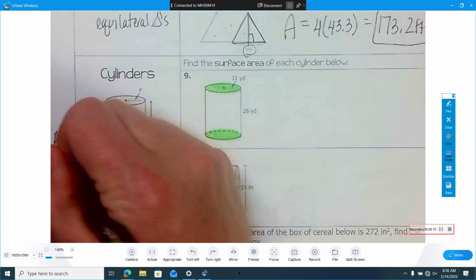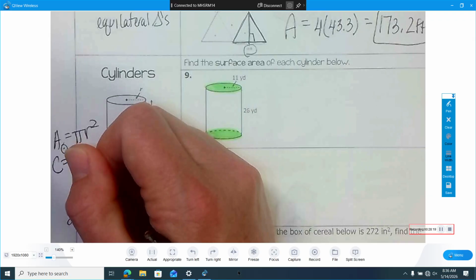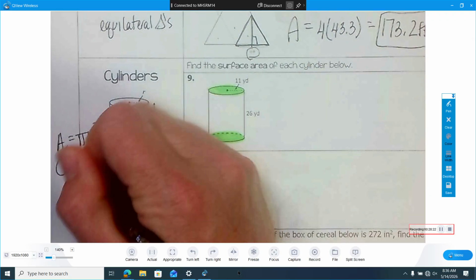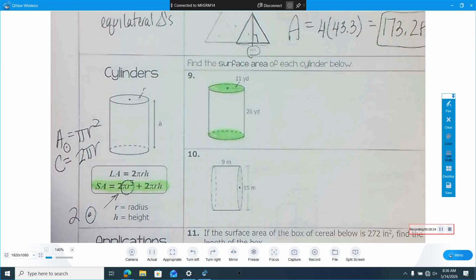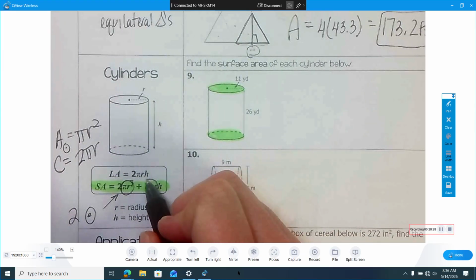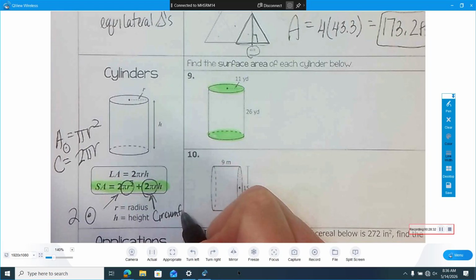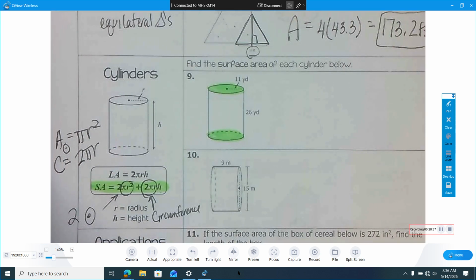So this long edge of our rectangle is simply circumference. What's the formula for circumference of a circle? 2 pi r. And then times the height. So there it is, circumference times height of your label.